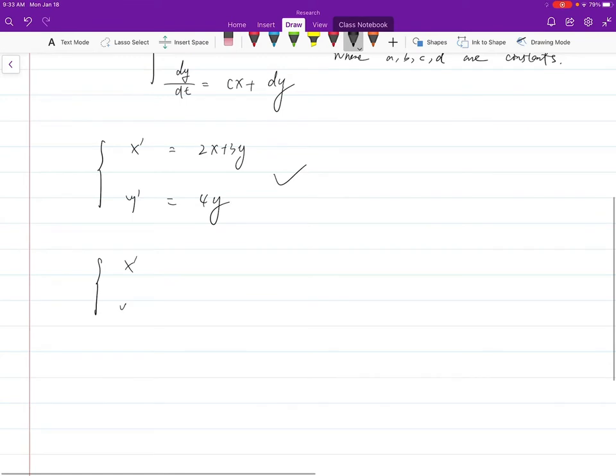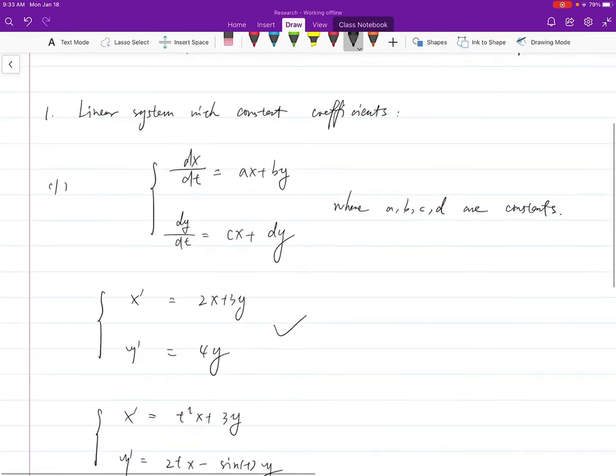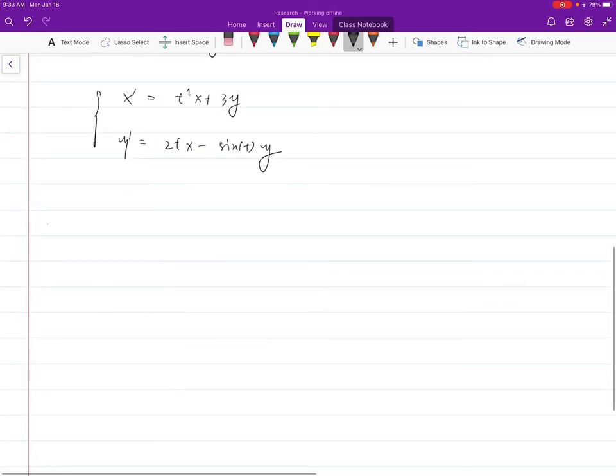Technically, this is also a linear system because when we say linear, we usually refer to our y and x. We do not contain t. This is also linear, but it's not linear systems with constant coefficients. So we are not going to talk about this until probably the next class. Here we want to focus only on the constant ones. Okay?